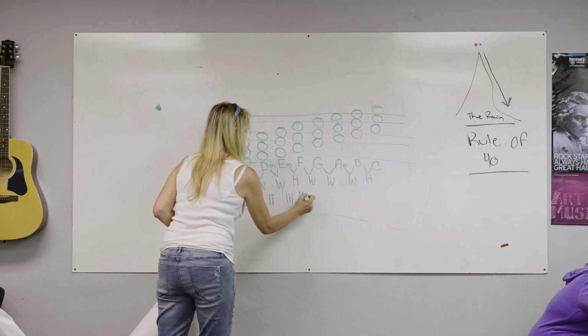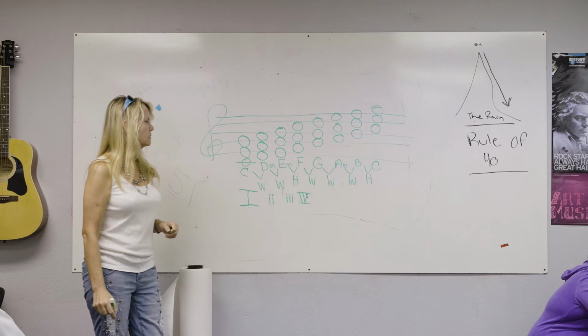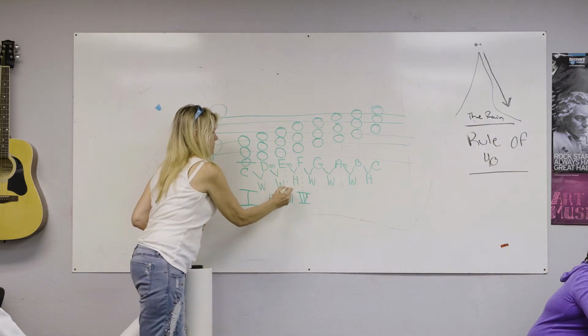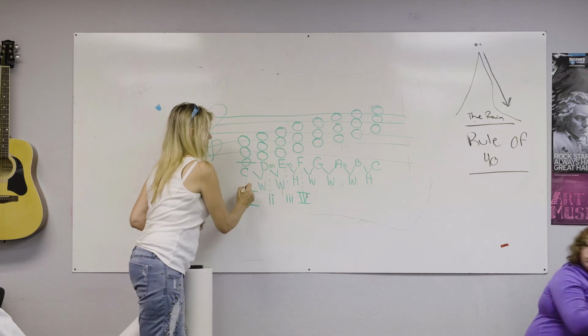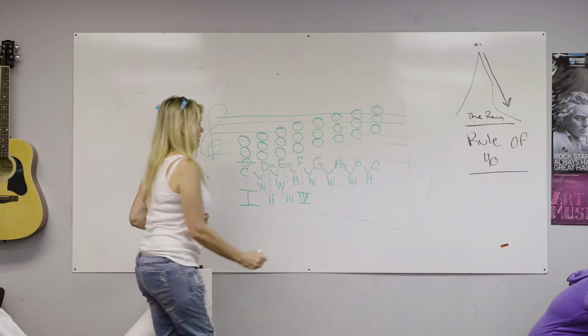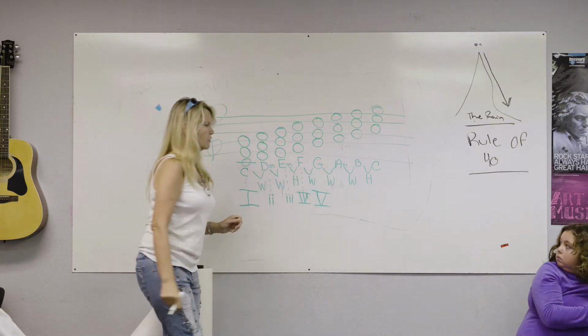You have your IV, which is major. You can see that that's the F. And then we're up to the 5 chord, which is capital V for Roman numeral 5.